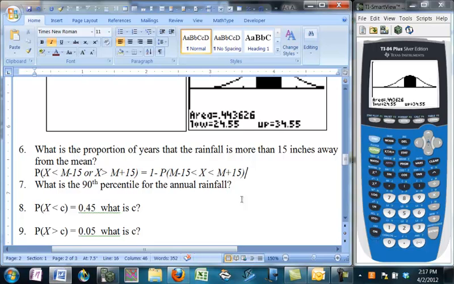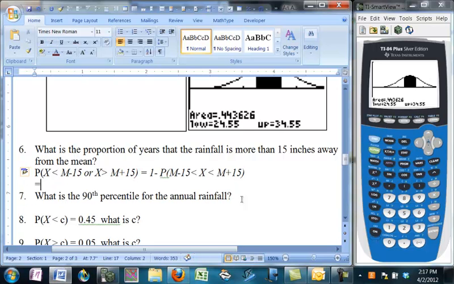Okay, and we can get that as normal CDF of x, m minus 15 to m plus 15, mu and sigma. Let's see what that is.